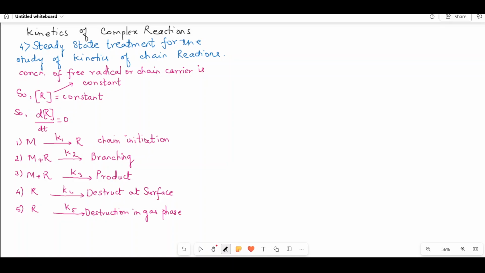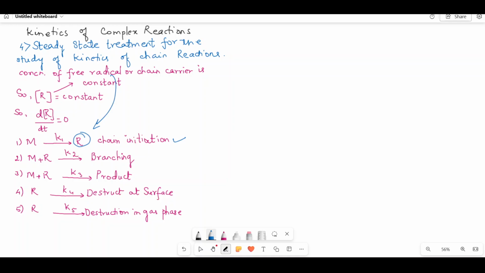Now, the first of the above reactions is the initiation reaction in which free radicals are produced.